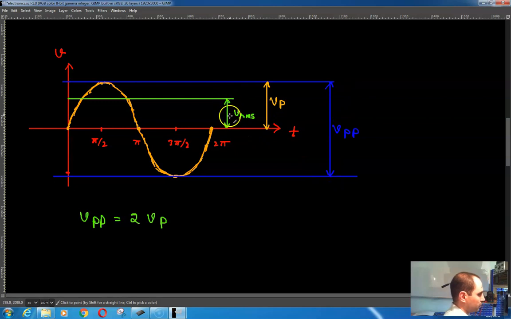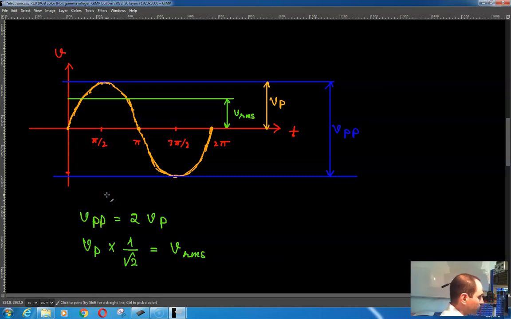And also V of RMS is your peak voltage divided by square root of 2, right? So if you take your V of P and multiply it by 1 over square root of 2, meaning that you divide this voltage over here by square root of 2, that gives you this RMS voltage, which is V of RMS. That's basically all that you need to know about these voltages.